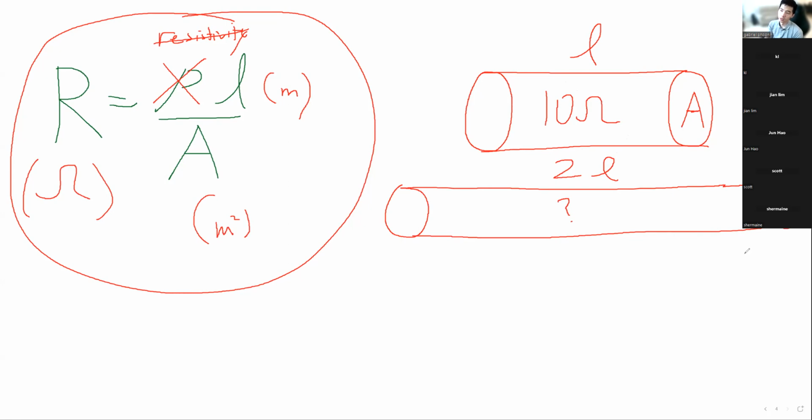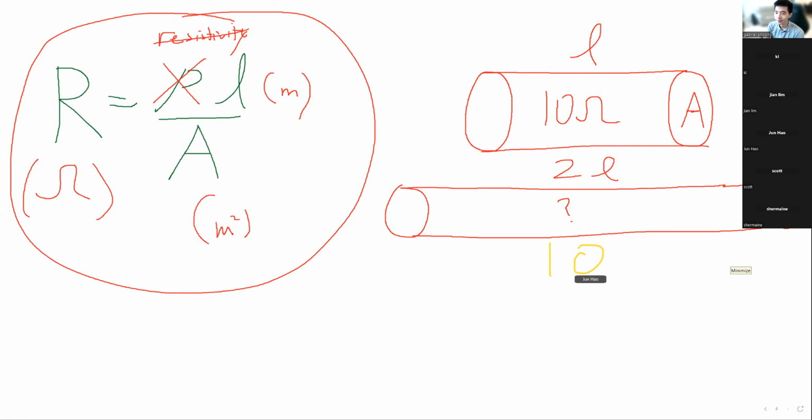Anyone knows how to do this? Anyone learned this in school already? Anyone? Anyone wants to take a guess on how to do this question here? Anyone?